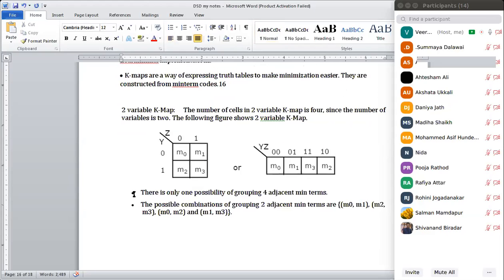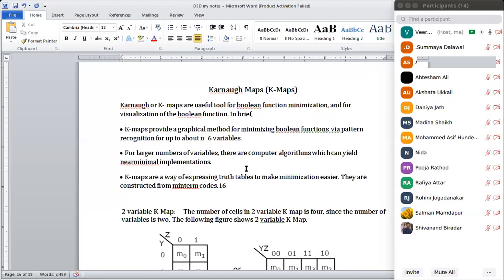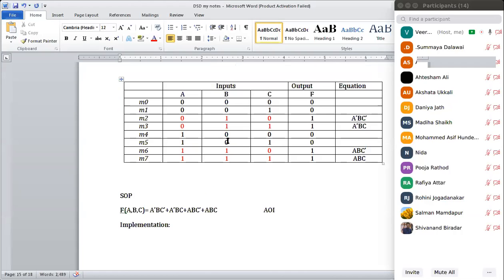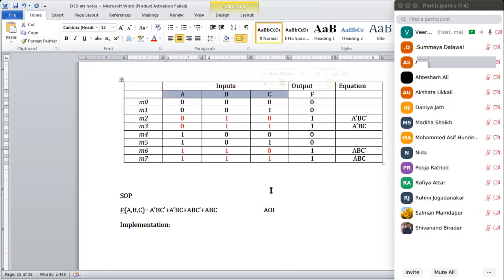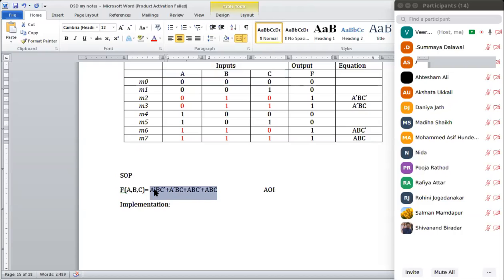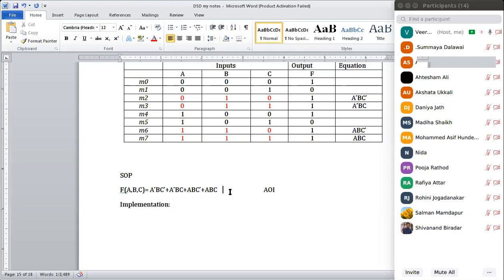See, there are two variable K-maps, and it is going to help us up to 6 variables, like A, B, C, D, E, F. Just think that I have only 3 variables here and I have got 4 product terms. If the output is here also one, here also one, then I might have got 6 product terms.